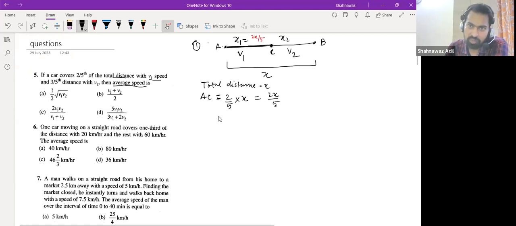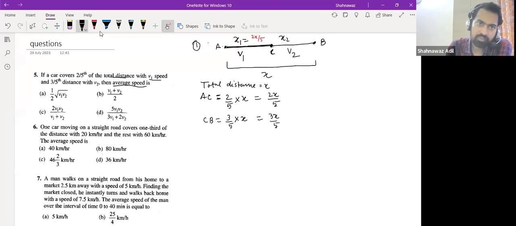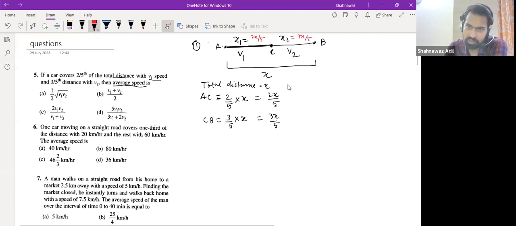Now, what is CB? This is 3 by 5th of the total distance, so this is 3x by 5. Is this point clear to you?